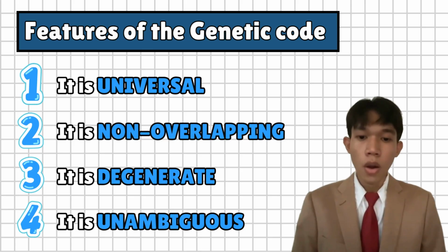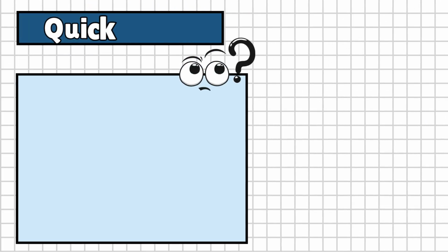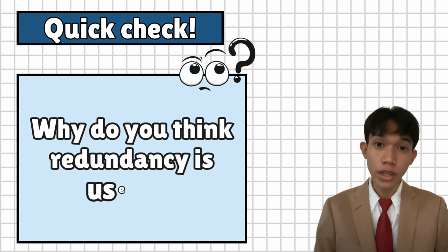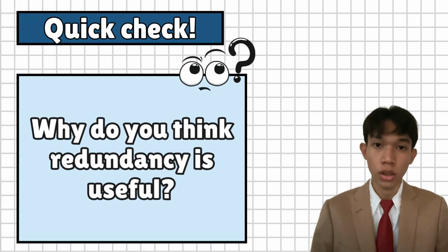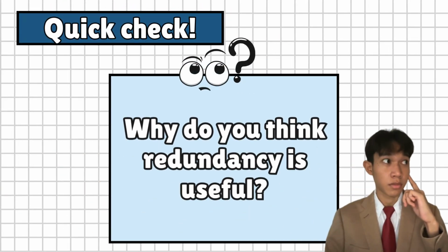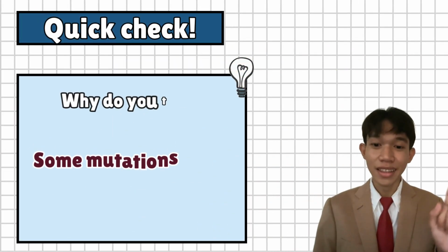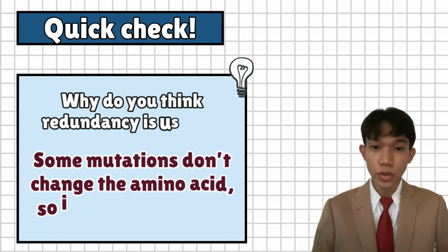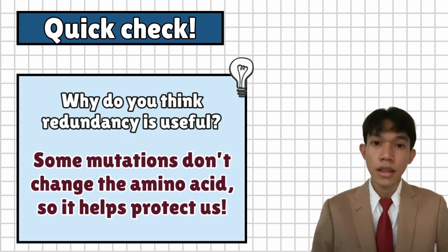Each codon only codes for one amino acid. Question: why do you think redundancy is useful? You're right. Some mutations don't change the amino acid, so it helps protect us.